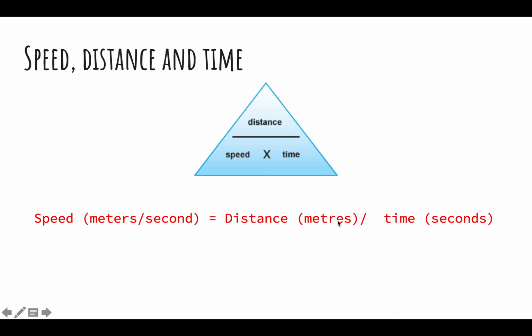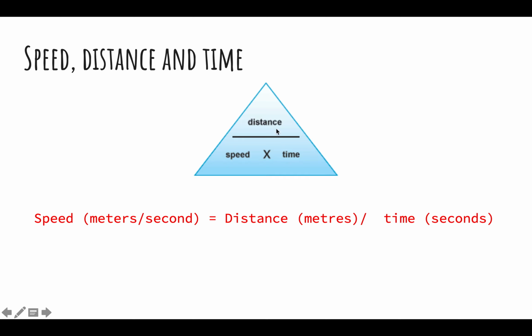If it takes you less time, or if you travel a greater distance in the same time, your speed will increase. Say it takes 1 second and you travel 10 meters, your speed is going to be 10. And if it takes 1 second again, but you travel 100 meters, your speed is going to be 100 meters per second.